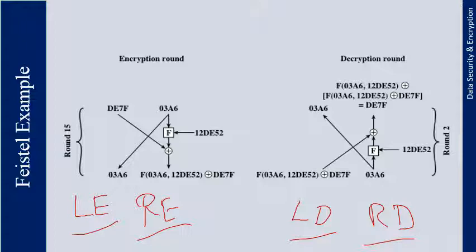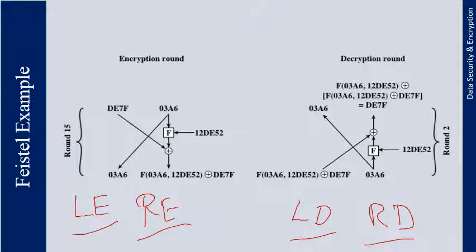The diagram indicates that at every round, the intermediate value of the decryption process is equal to the corresponding value of the encryption process, with the two halves of the value being swapped as discussed earlier.